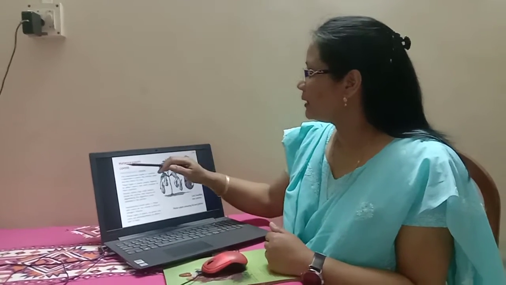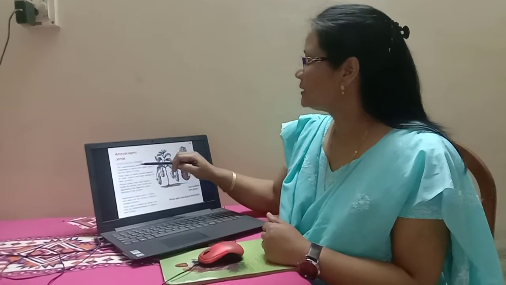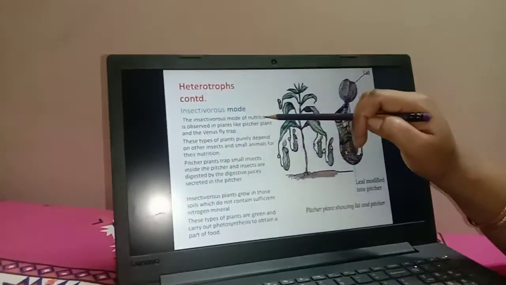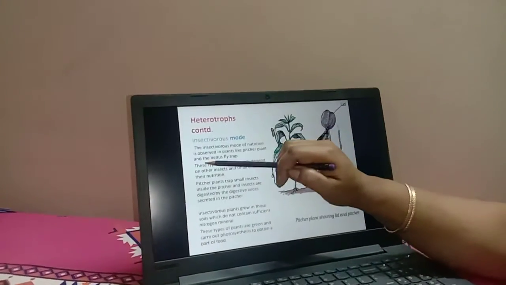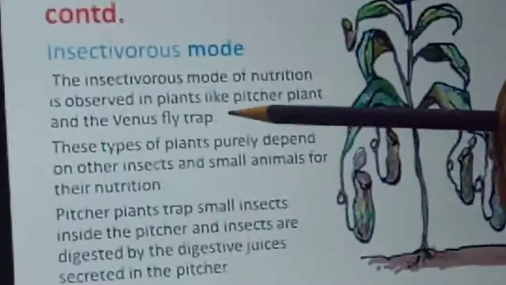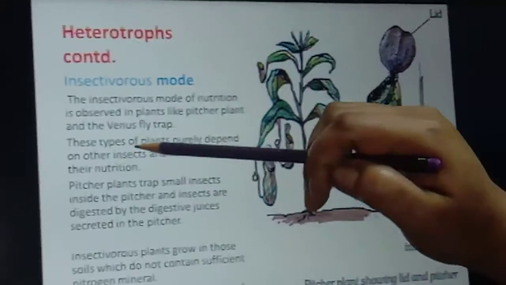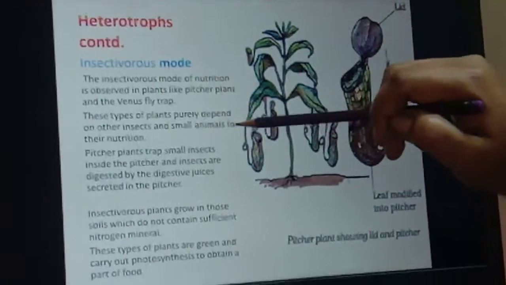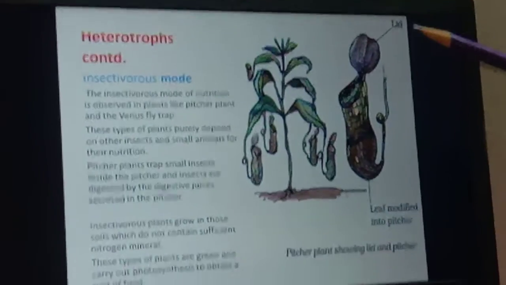Then another kind of heterotrophic nutrition is the insectivorous mode. The insectivorous mode of nutrition is observed in plants like the pitcher plant and the Venus flytrap. These types of plants depend on insects and small animals for their nutrition.